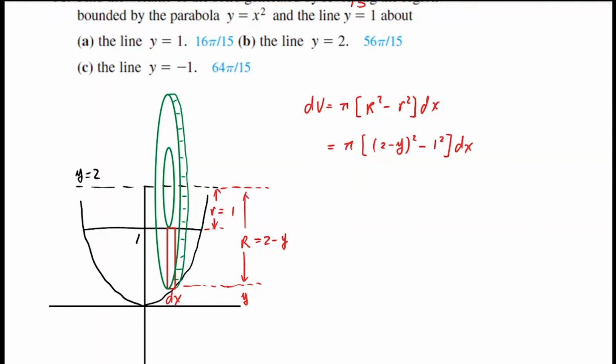Okay. Now I'm gonna multiply this out, so I will have 4 minus 1, so I'll have 3 minus 4y plus y squared. Too much algebra?